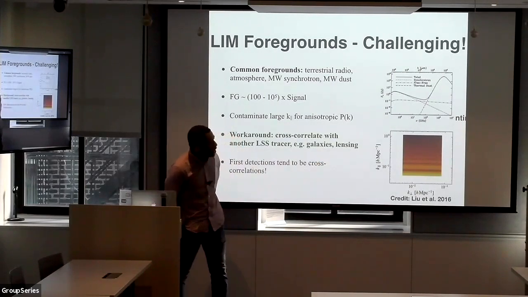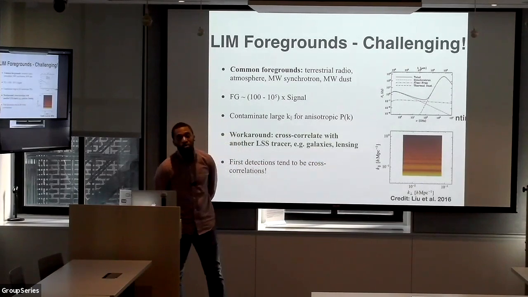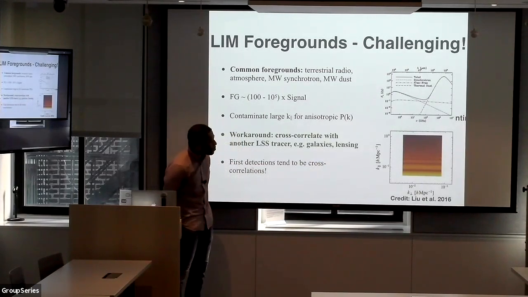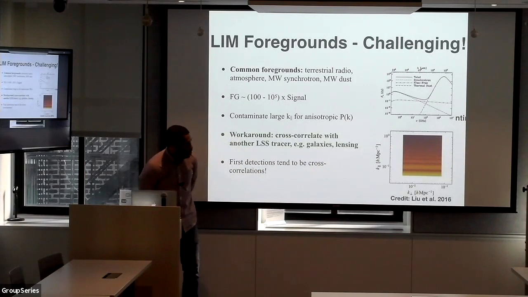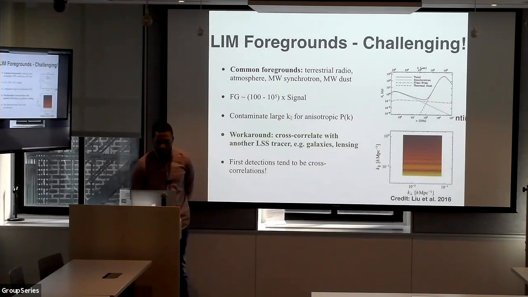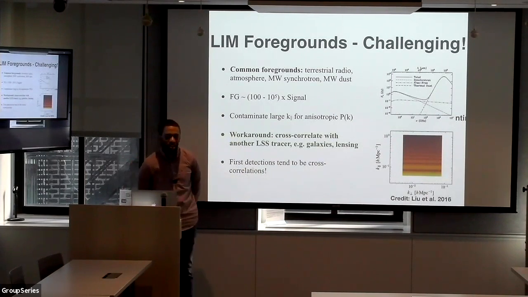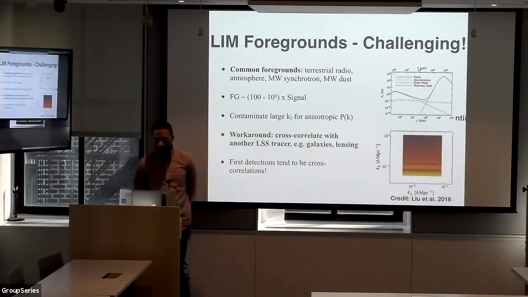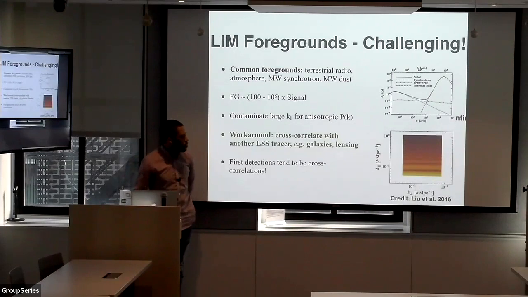If you're able to part with those modes, that could eventually help 21 centimeter surveys detect fluctuations in intensity that you can relate to the large scale structure. Of course, this hasn't been detected yet. We are able to detect cross correlations, but we haven't been able to detect the autocorrelation yet. But as we get better with foregrounds and increase in sensitivity, this should get better and better.